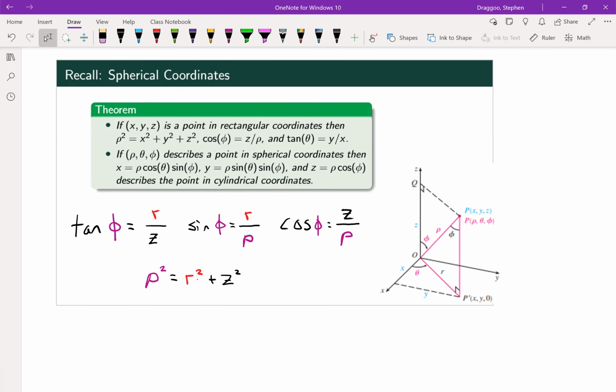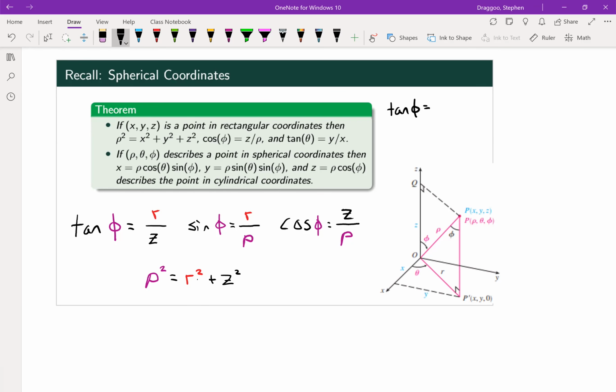So we have the equations: rho squared is equal to x squared plus y squared plus z squared. Cosine of phi, which is our new angle, is going to be equal to z over rho. We could also say that tangent of phi is equal to... so let's just pop that one back in.